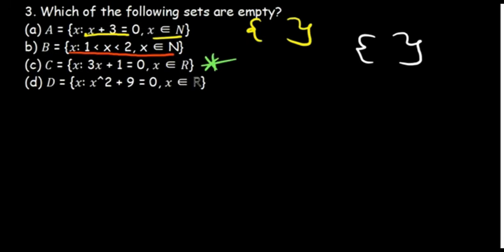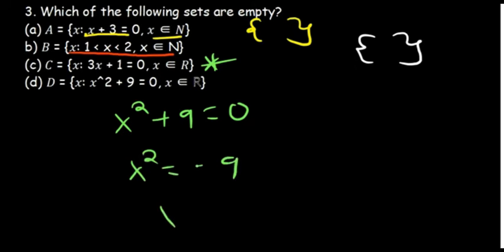How about D? For D, we are saying x squared plus 9 should be equal to 0. So x squared is equal to negative 9, and x is equal to plus or minus the root of negative 9. The moment we say the root of negative 9, that ceases to be a real number.